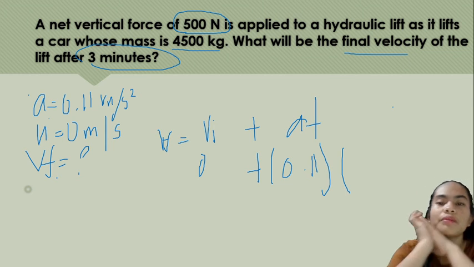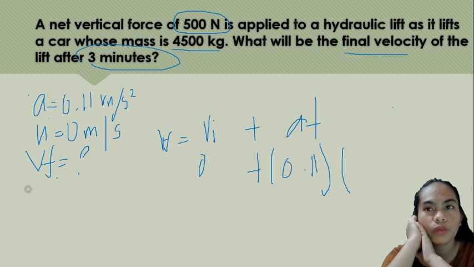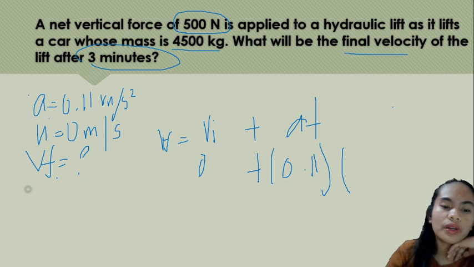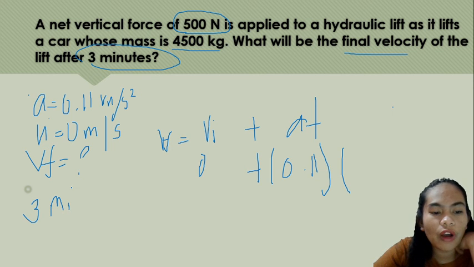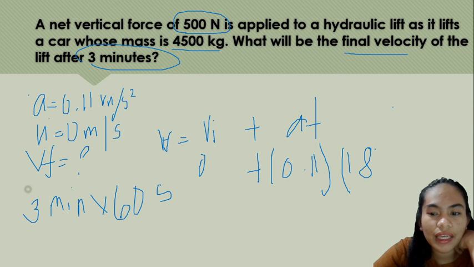But do you think the minutes is good to go? No. So, we need to convert the 3 minutes into how many seconds? Okay, 3 minutes times 60 seconds. That is 180 seconds.